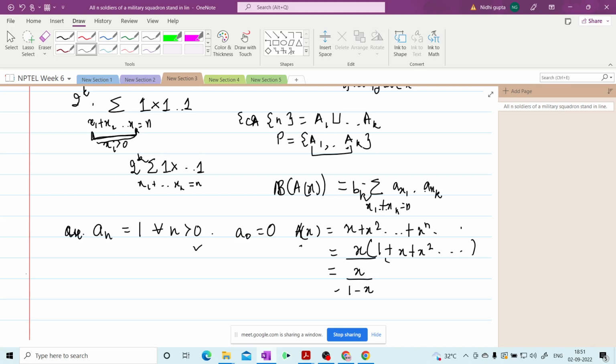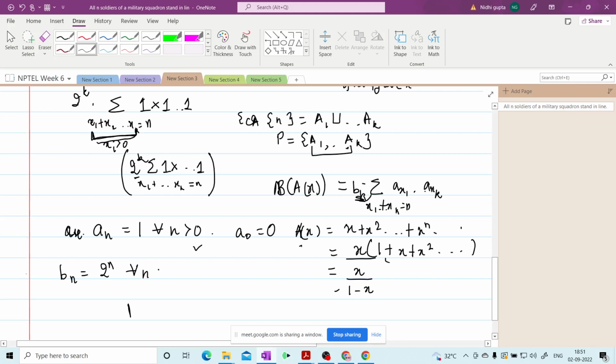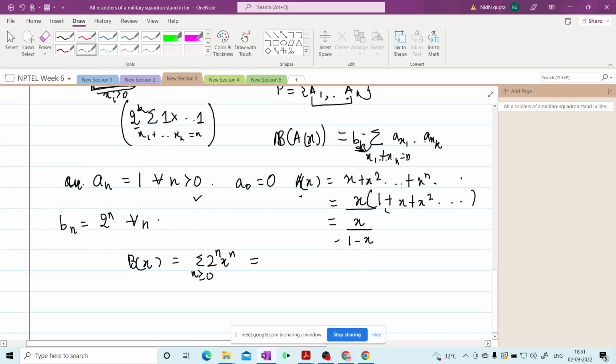And now we want to compute the closed form expression of this. Now what is our b_k? b_n is equal to 2^n for all n. So what is our B(x)? B(x) is sigma 2^n x^n, n greater than or equal to 0. And what is this series?